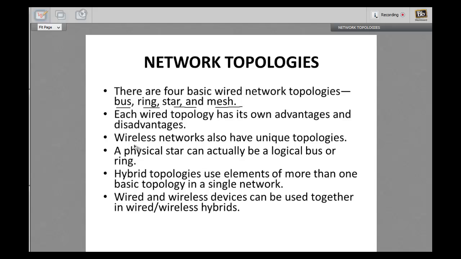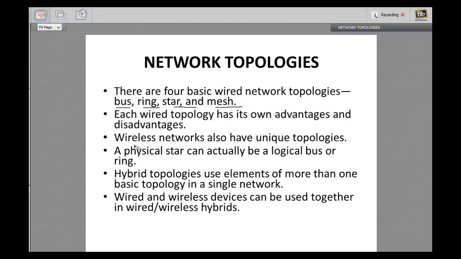Take the shape of the bus. Because of its shape, it will use the minimum amount of media; it does not require a lot of cabling. This will be a feature of the bus. Why?